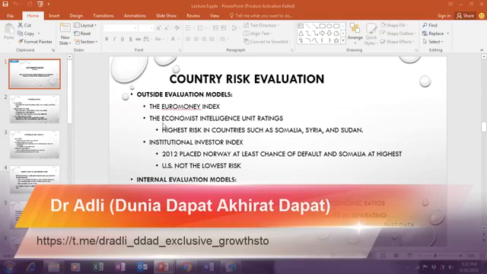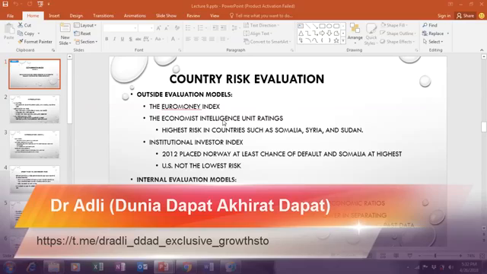Then we have the Economist Intelligence Unit ratings, which is a sister firm to the Economist. The Economist Intelligence Unit rates countries based on combined economic and political risk on a 100-point maximum. The higher the number, the more severe the risk rating of the country. The country risk rating is reported in figure 14.1.